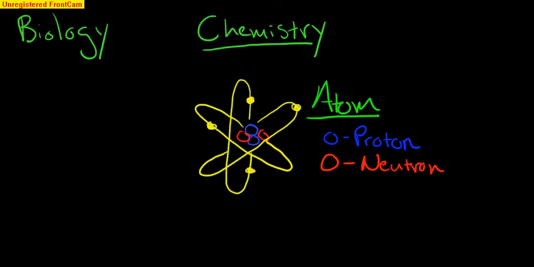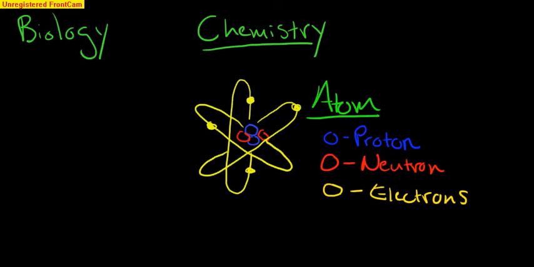And lastly, the yellow dots, the lines are just how it's orbiting, and these are the electrons. Those are the three things that make up an atom: protons, neutrons, and electrons.